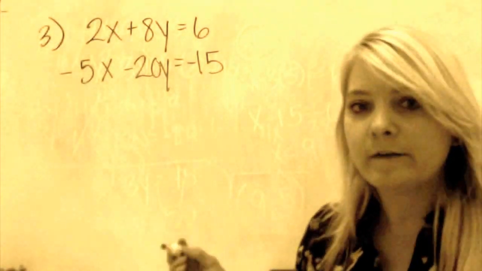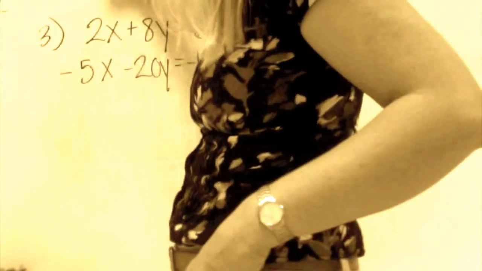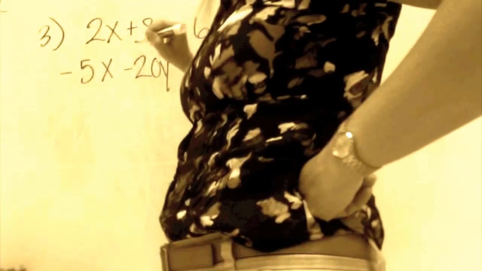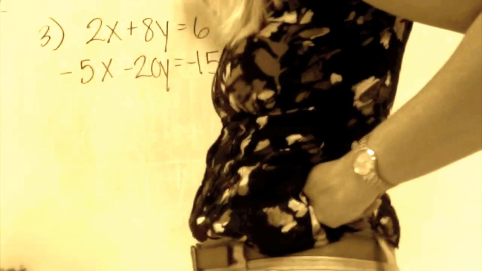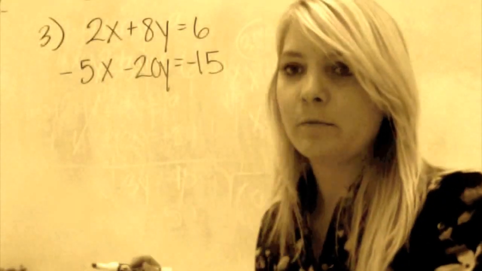So let's look at our least common multiples. The least common multiple of 2 and 5 is 10, and the least common multiple of 8 and 20 is 40. So we're going to choose to eliminate the x variable since it has a smaller least common multiple.